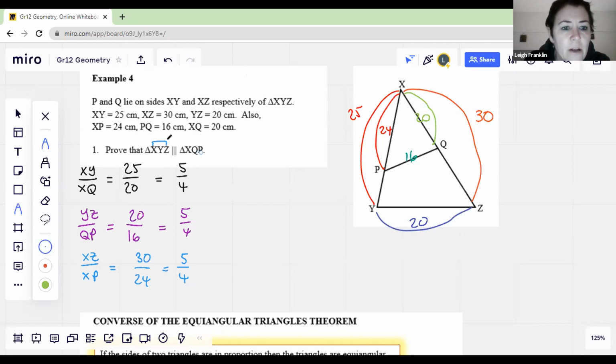First and last over first and last. Okay, so the black one is the first 2 over the first 2. The purple one, you wanted to use P and Q. We've already used PQ. PQ corresponds with YZ.